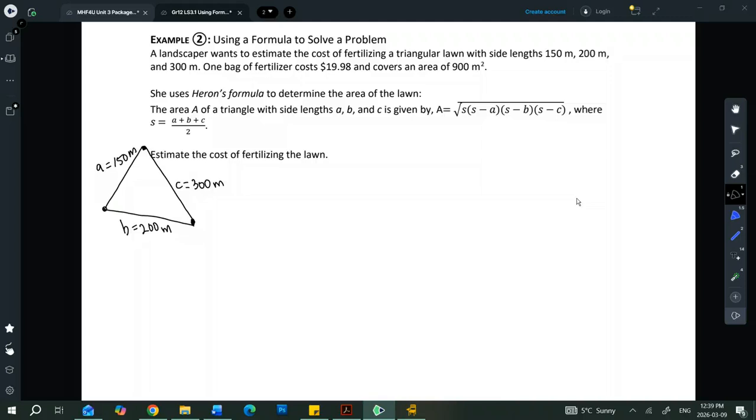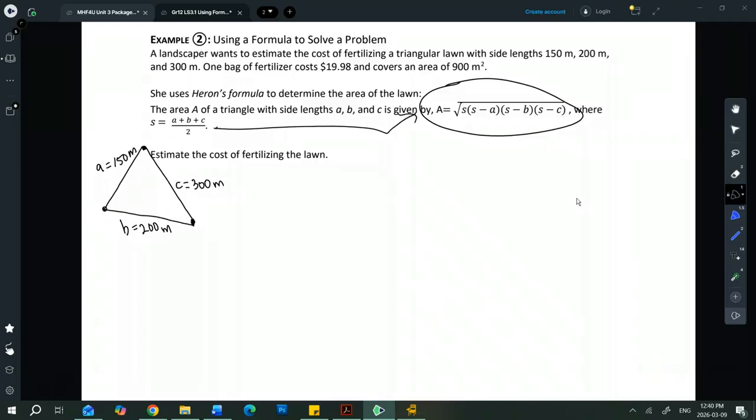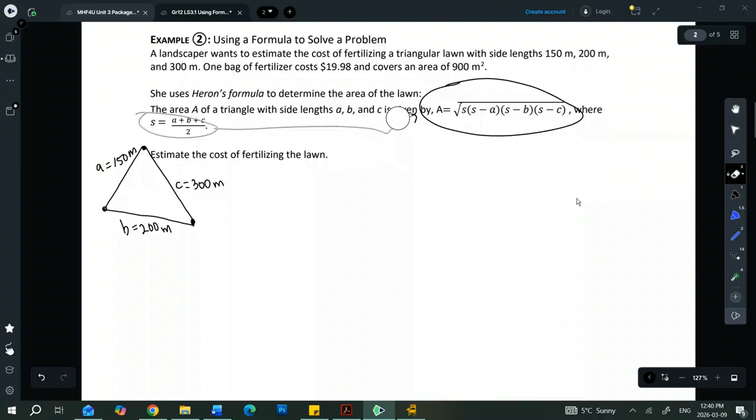Okay. Do you have any thoughts on what the most efficient way to calculate this would be? So if this is our area formula, it also gives us a secondary formula that we need to plug into this formula, which is this one here. So do you have a suggestion as to how we can make our life a little quicker here? What should we do first?